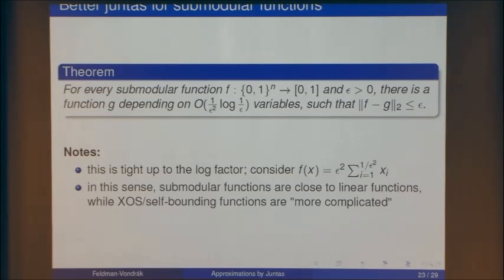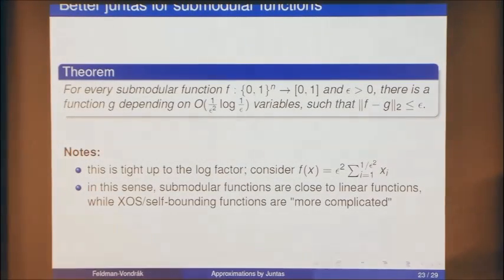Let me just say the connection with concentration bounds. Concentration is like saying how well the function is approximated by a junta of 0 variables, right? A constant. So in terms of approximation by constants, all these functions seem to behave the same way.